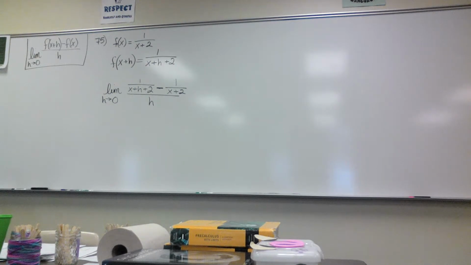We will here in a second, but we want a single fraction in the top first, because we do have a compound fraction situation. We have a fraction within a fraction. That begs to be flipped and multiplied. However, we need a single fraction in the top first. So how can we combine those two fractions that are subtracted?